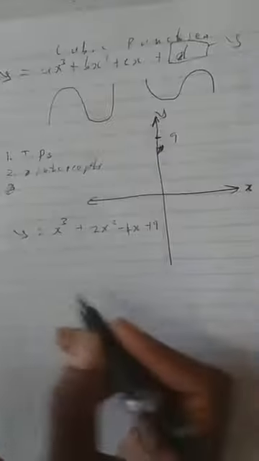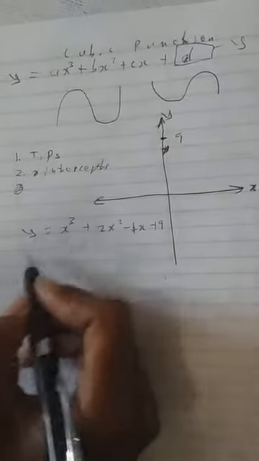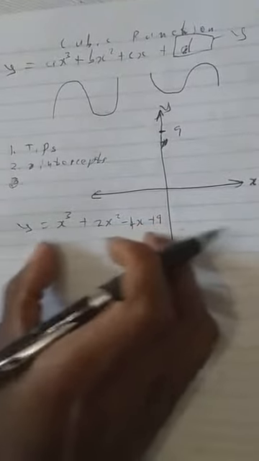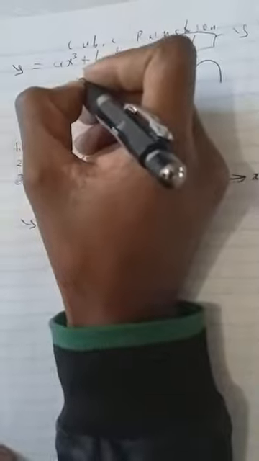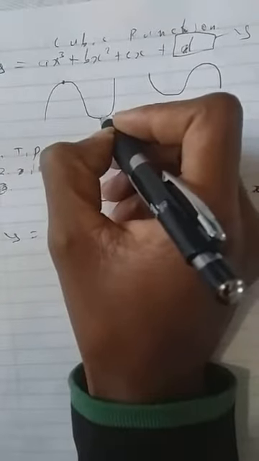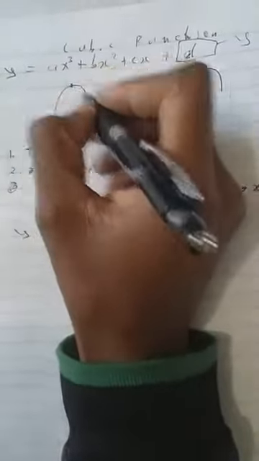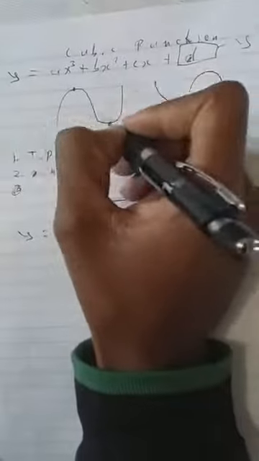What is going to be our turning point? Let's start with our turning points. Our turning point is going to come from the derivative of this graph. Those who are doing physics would know that at this point, which is a turning point, there's no movement, meaning your velocity is 0.